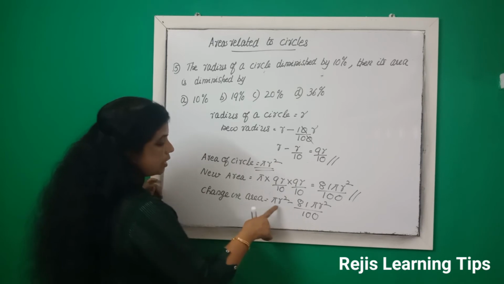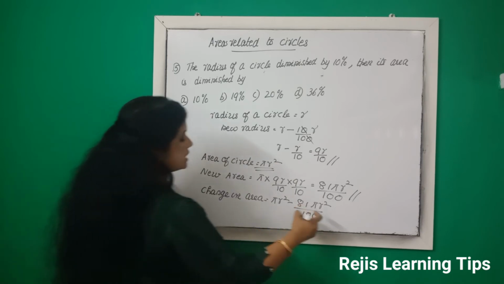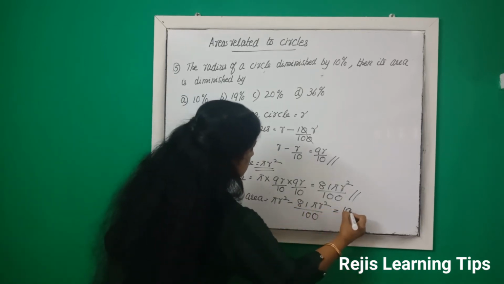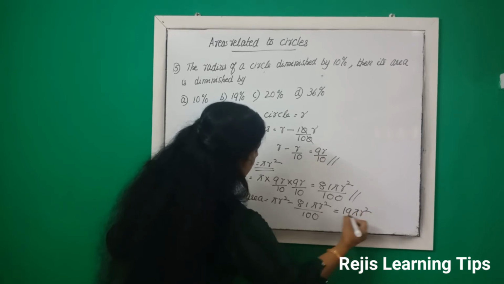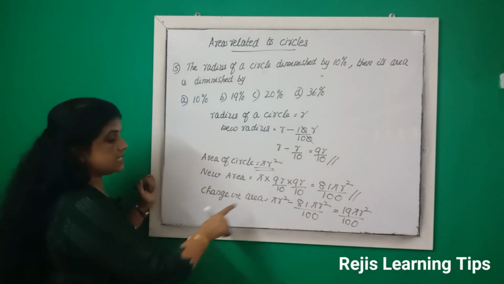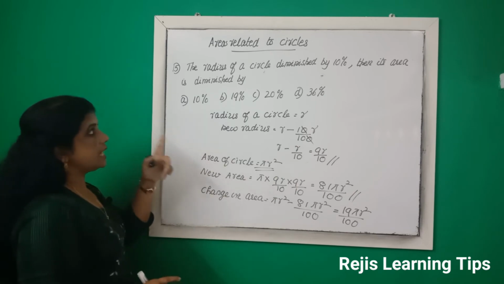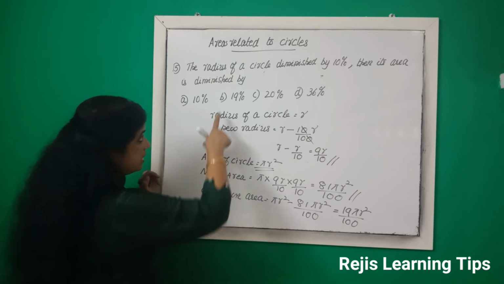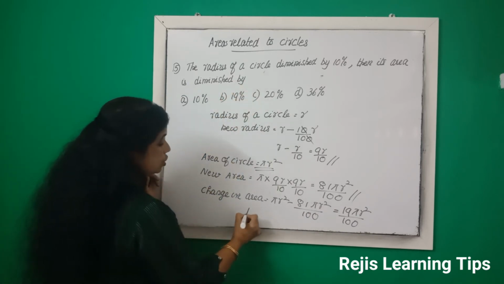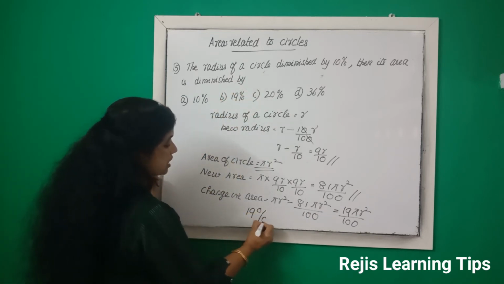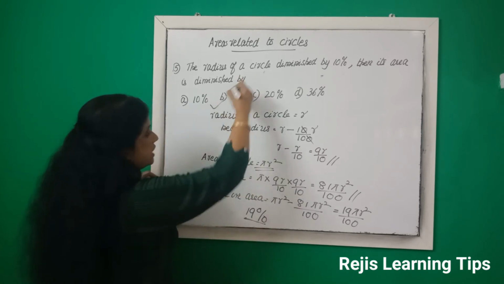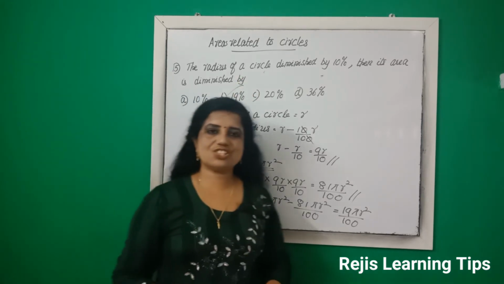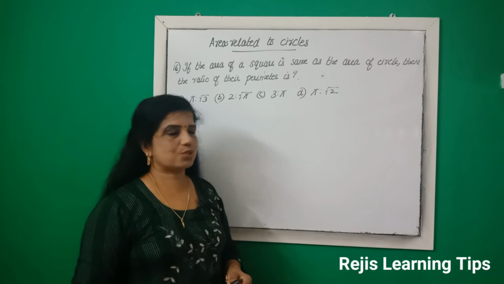Pi r square into 100 means 100 pi r square minus 81 pi r square, that is 19 pi r square divided by 100. Okay, this is the change in area. So the area is diminished by 19%. So our option is B. Understood? Okay. The next question.